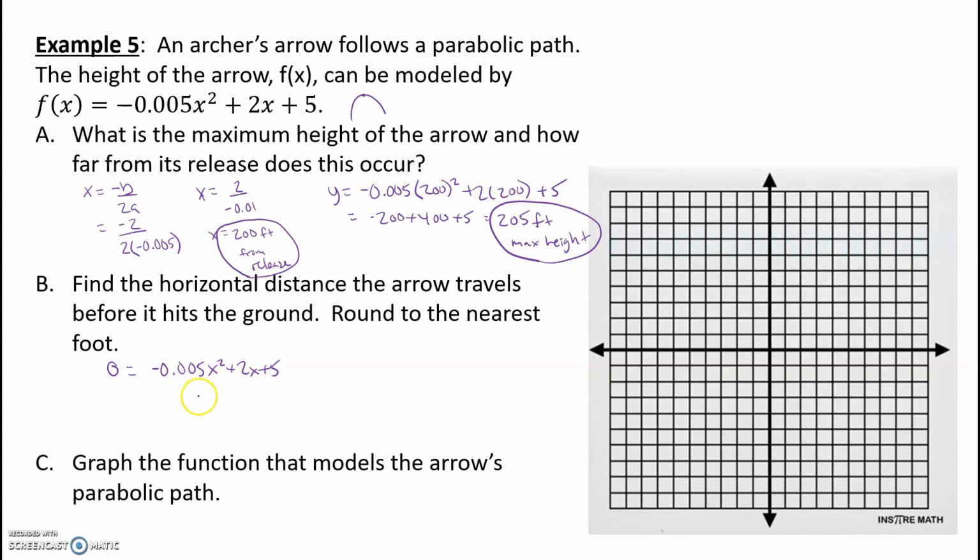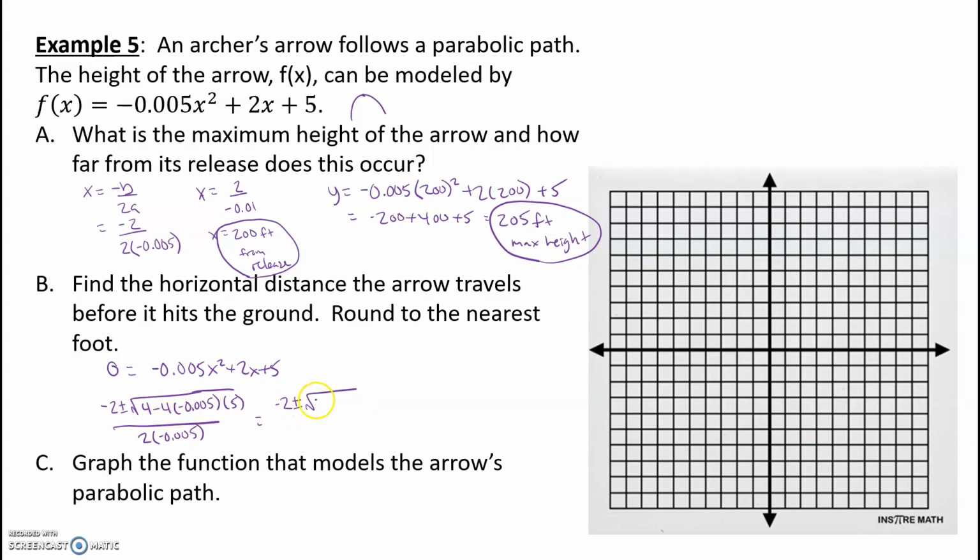Now when I look at this, I'm going to jump straight to the quadratic formula. Opposite of b plus or minus square root of b squared minus 4 times a times c, and all of that is over 2 times a. Calculators are going to come in very handy here.